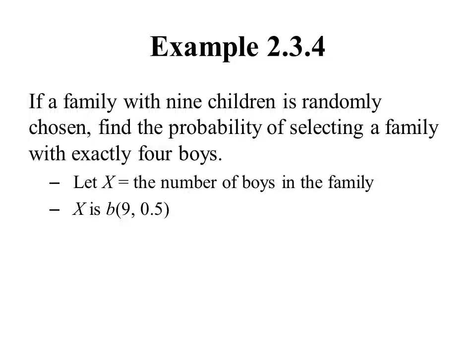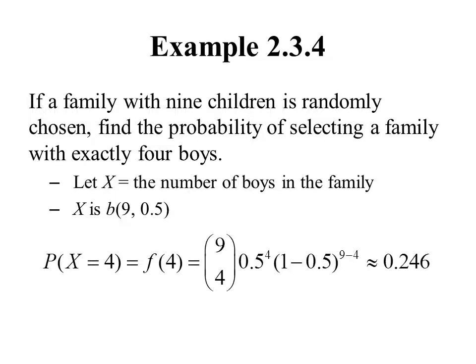Now how do we know that? Well, think of each child in the family as a trial. It's either male or female, boy or girl. And a success here is a boy because that's what we're interested in. And we're going to assume that the probability of a success is 0.5. So each one of our 9 children is a Bernoulli experiment. We have 9 trials, probability of success is 0.5, so we're dealing with a binomial distribution.